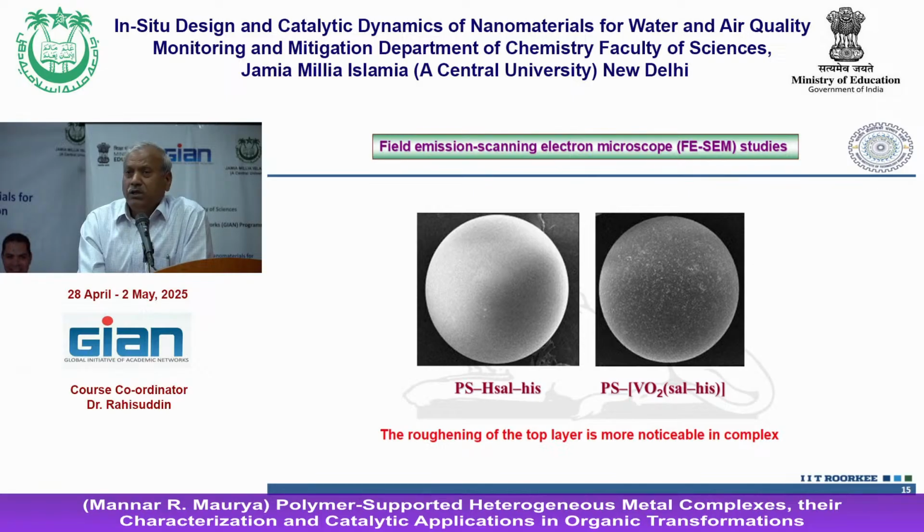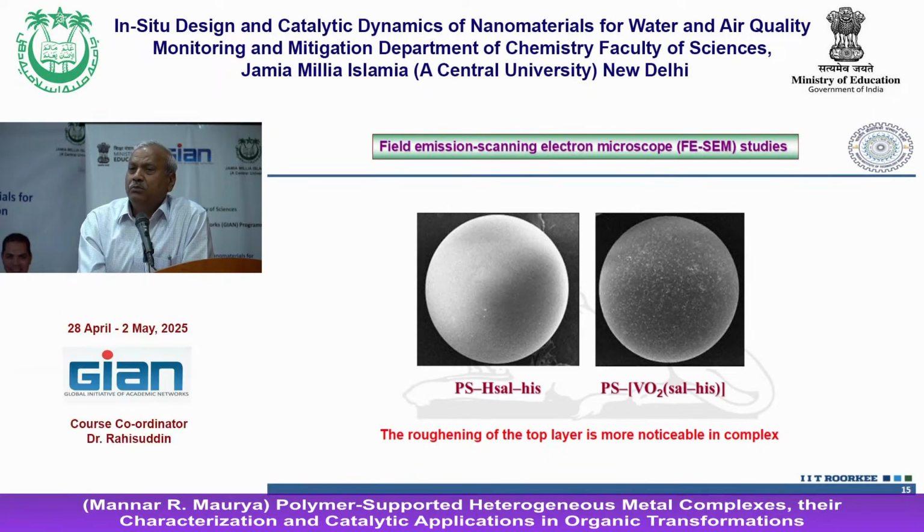Later the AFM also came with SEM, and in the beginning you could see the image of that, and that image gave some information. One is very light and one is a little bit dark in color. That gave some indication that yes, the heterogenization has occurred, and the metal complex has been attached to the polymer with covalent bonding.